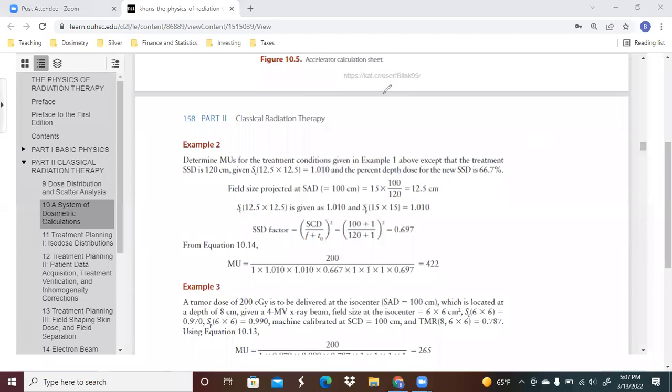So we've got field size coming out, and it strikes the phantom here. And when it strikes the phantom, we've got a field that is a length of 15 cm.